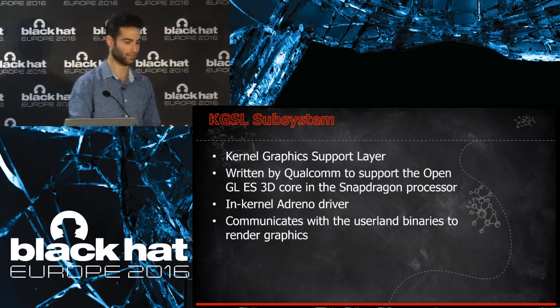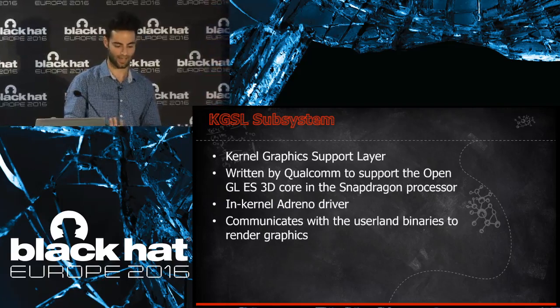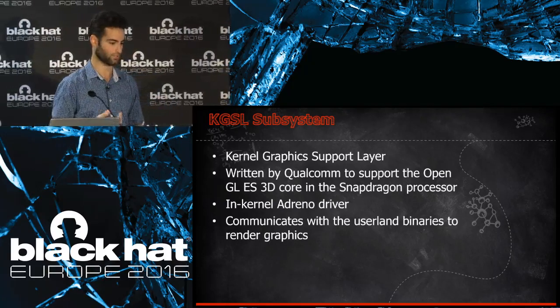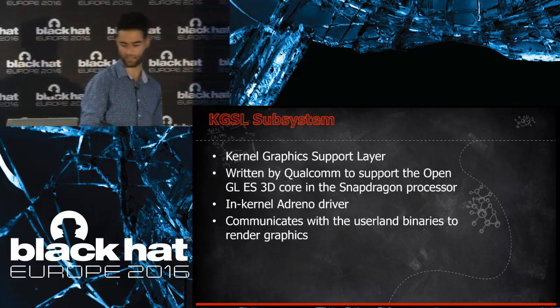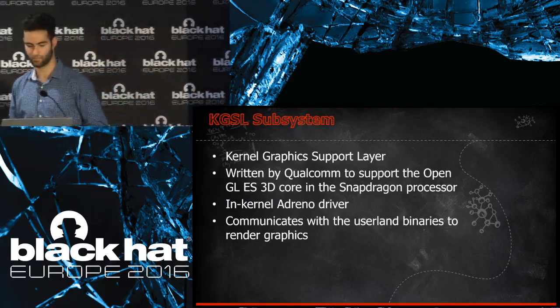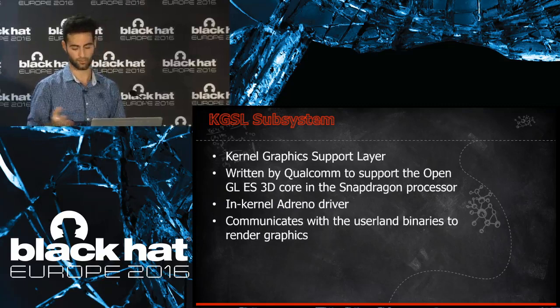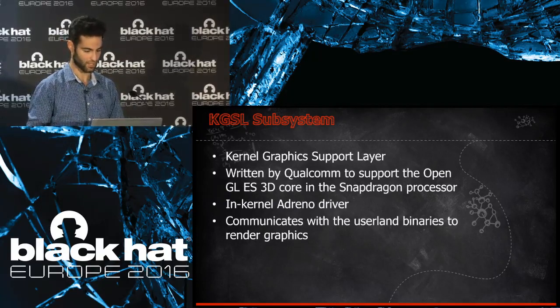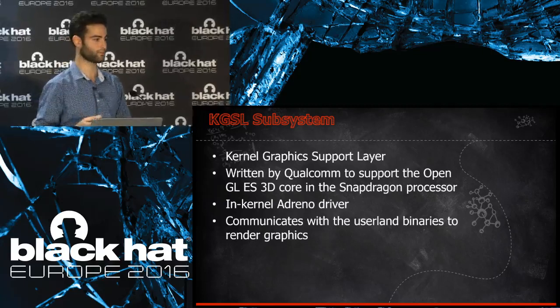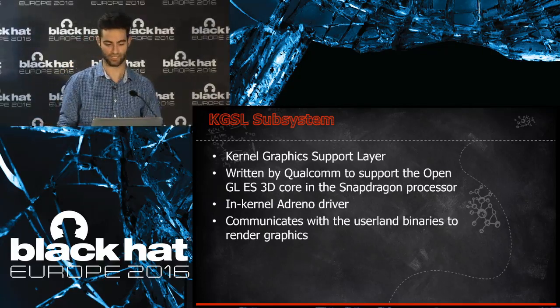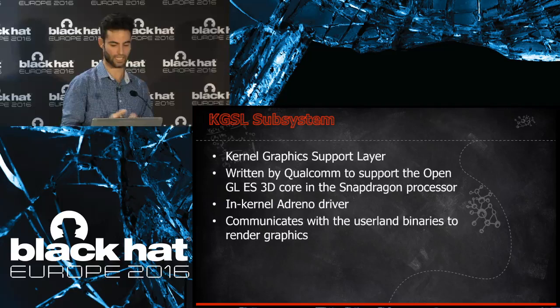So with that said, let's see the last module that we're going to see today, with 2 vulnerabilities in this module. The module is called KGSL, or Kernel Graphics Support Layer, written by Qualcomm to support some graphics stuff. It is a wrapper to the GPU driver, the Adreno driver, and it communicates with the user mode to render graphics.